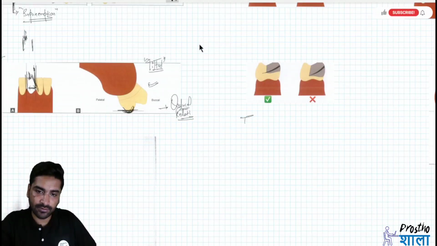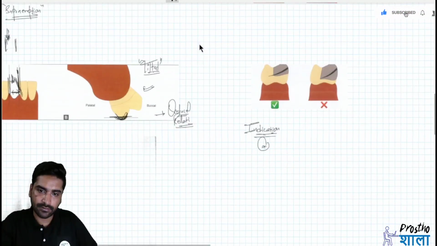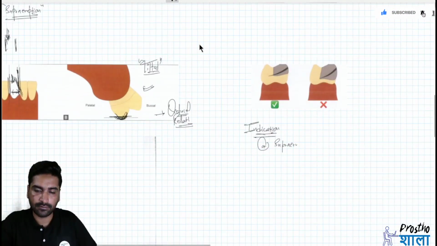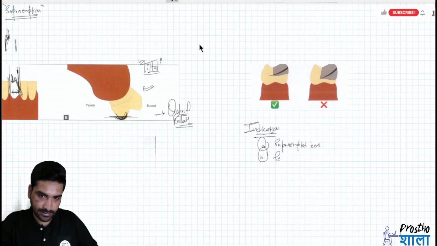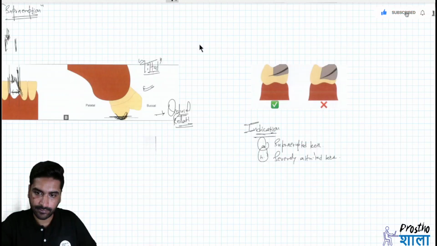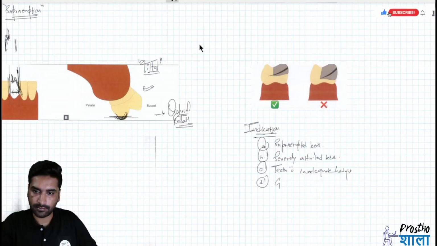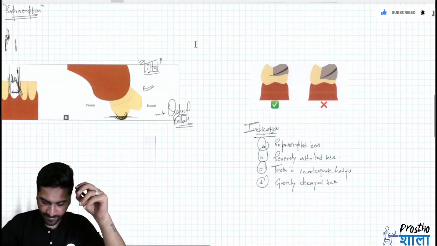If I talk about the indications of onlays, you have supra erupted teeth, or severely attrited teeth, or again you can include teeth with inadequate height, or grossly decayed teeth like we saw in the above diagram. So these are a few indications of your onlay.